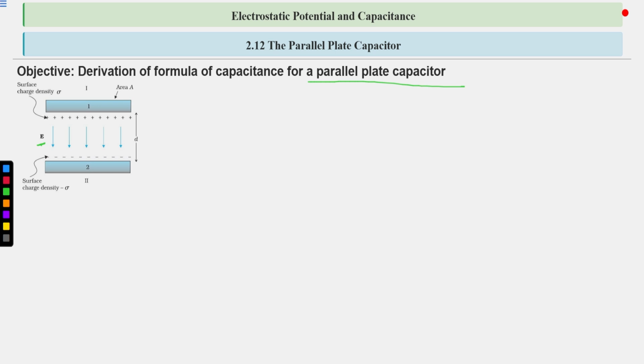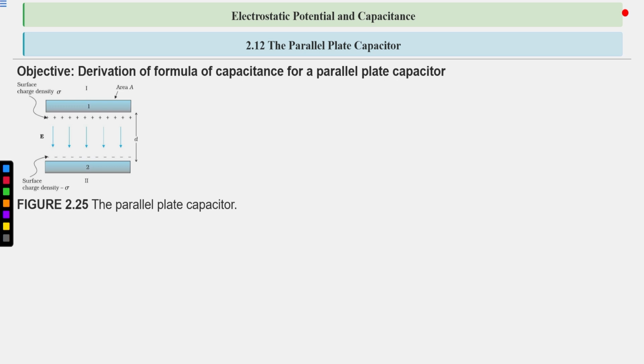The value of electric field for a thin sheet is sigma by 2 epsilon naught. If it is a plate of some thickness, then charges on both the surfaces are considered. So then the electric field from this plate will become sigma by epsilon naught. Here sigma is the surface charge density, which is Q upon A.